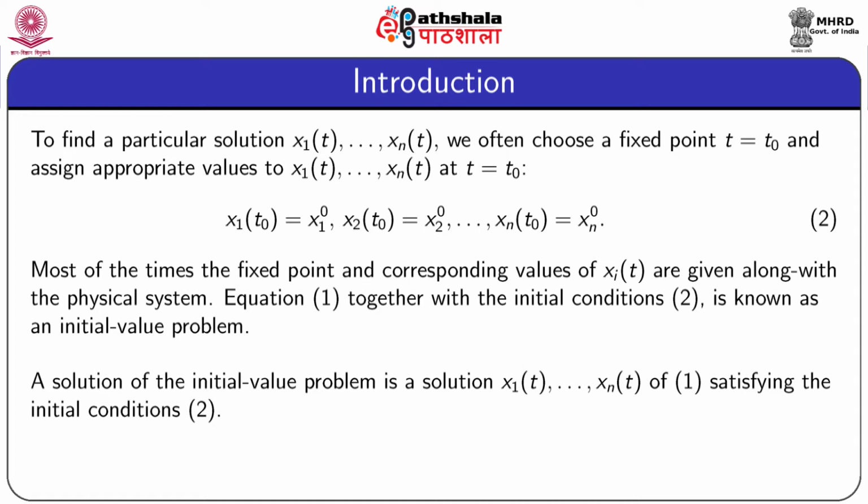Most of the time, the fixed point and the corresponding values of xi(t) are given along with the physical system. Equation 1 together with the initial condition 2 is known as an initial value problem. A solution of the initial value problem is a solution x1(t), x2(t), ..., xn(t) of 1 satisfying the initial conditions 2.